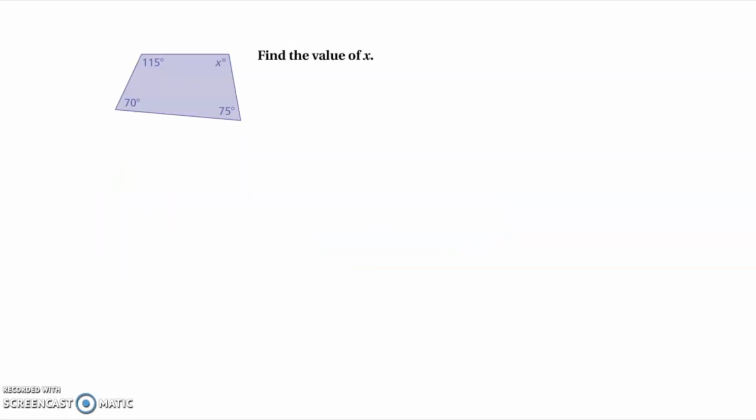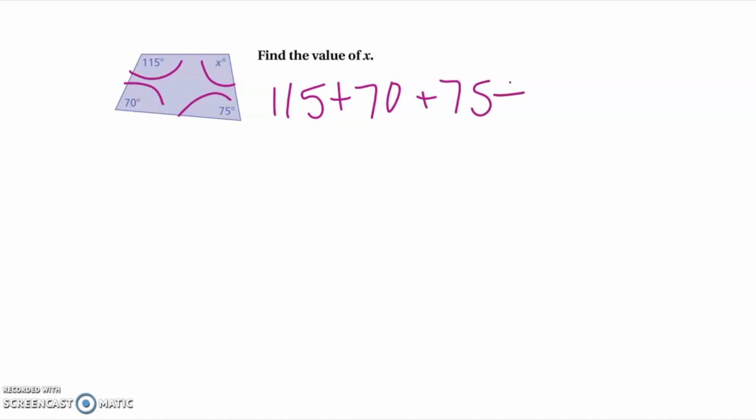So we're going to use that to solve, just like we did with triangles, for our missing angle. So we're just going to know that if we add the four angles together, we're going to write that in: 115 plus 70 plus 75 plus, I don't know that one, x. I know that they must add up to 360.